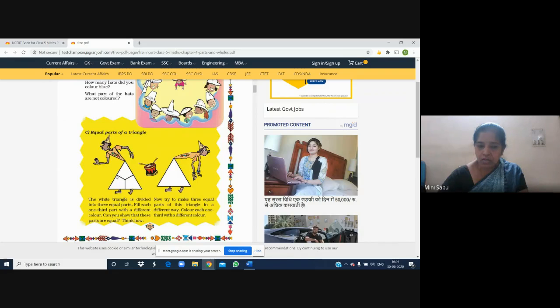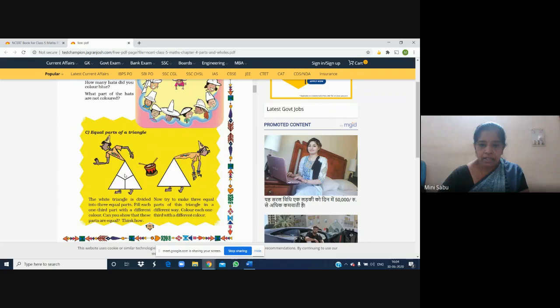See, suppose we are cutting it like this, cutting this piece into 3 pieces. You will get 1, 2, 3 pieces, and keep this piece over this piece. It will be completely overlapping. Okay, hiding. That one will be hidden by the other. That means all are equal.